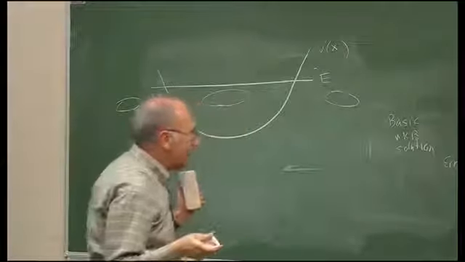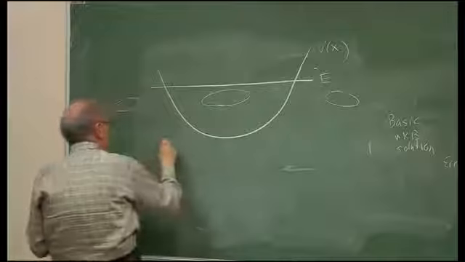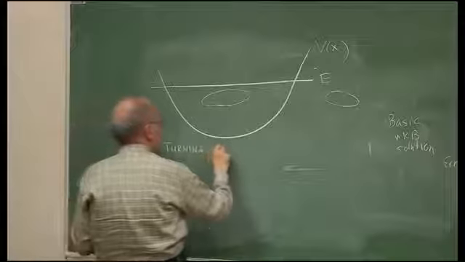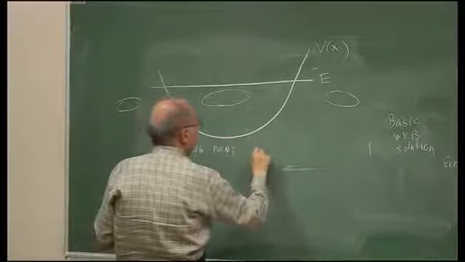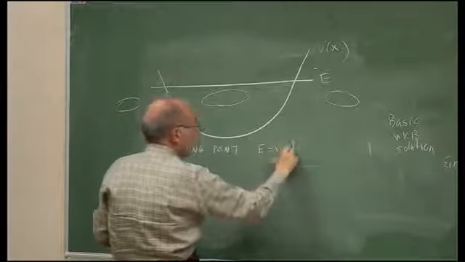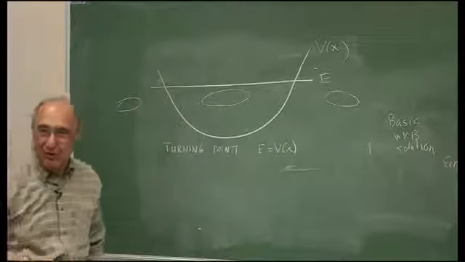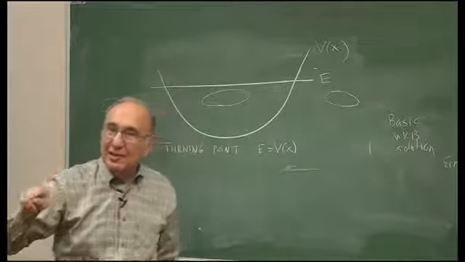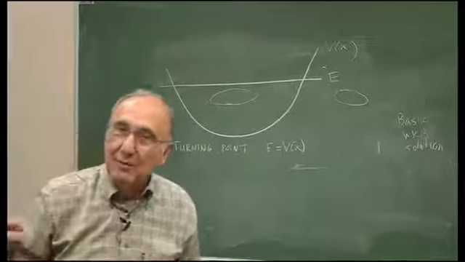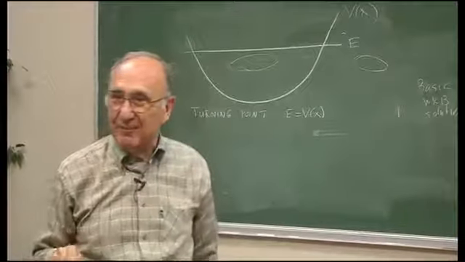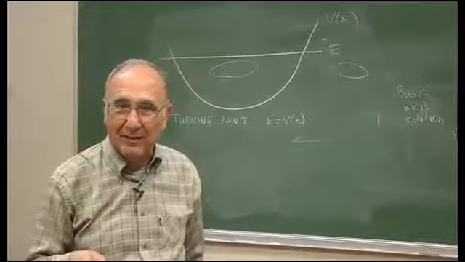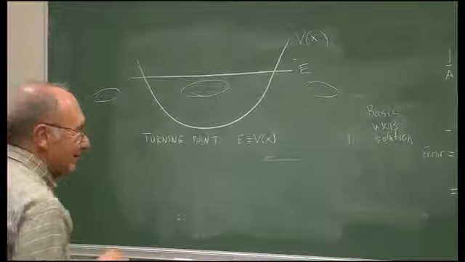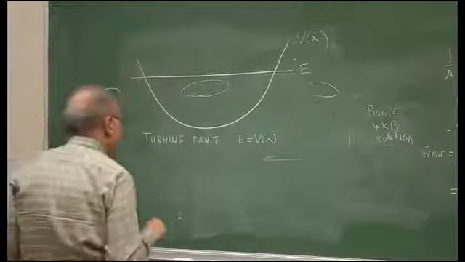However, it will not be valid at the turning point. Why do we call this turning point? Because classically, if the energy is less than the potential, the particle cannot come there, so that it has to turn back. We'll see that in quantum mechanics, it can tunnel itself through.